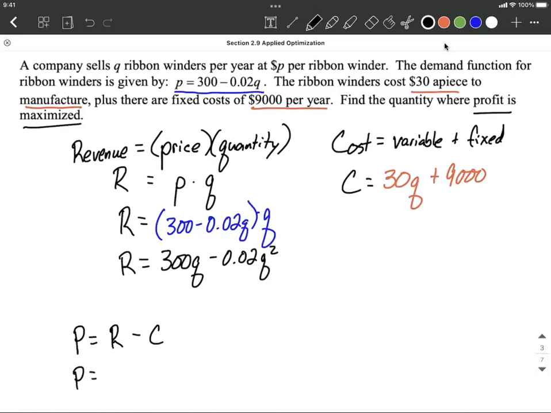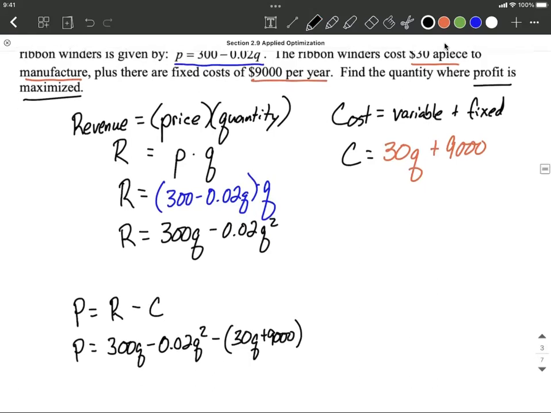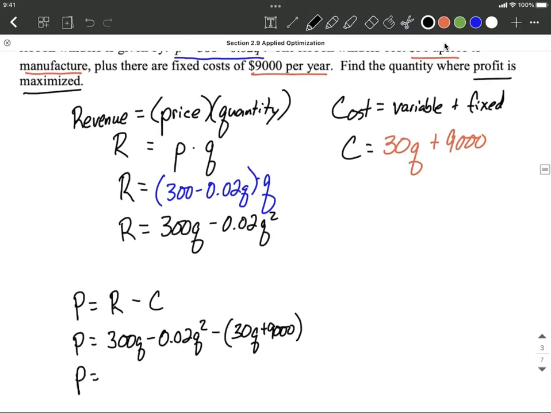So the profit function could be given by 300Q minus 0.02Q squared, right? Just filled in for my R, minus, and then we're going to subtract away 30Q plus 9,000. But a big set of parentheses around that. Now why I want to do the big set of parentheses around that is that subtracting away needs to be distributed.